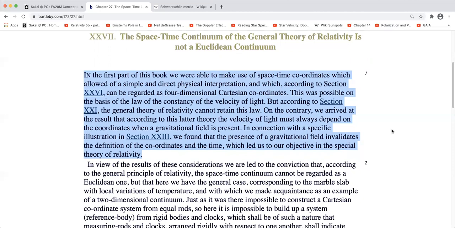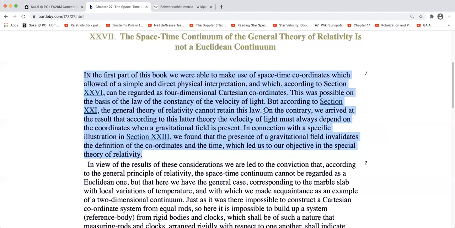On the contrary, we arrived at the result that according to this latter theory, the velocity of light must always depend on the coordinates when a gravitational field is present. In connection with a specific illustration in section 23, we found that the presence of a gravitational field invalidates the definition of the coordinates and the time, which led us to our objective in the special theory of relativity. Thank you very much, Anna.